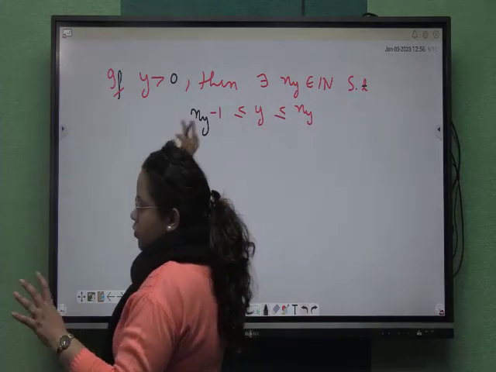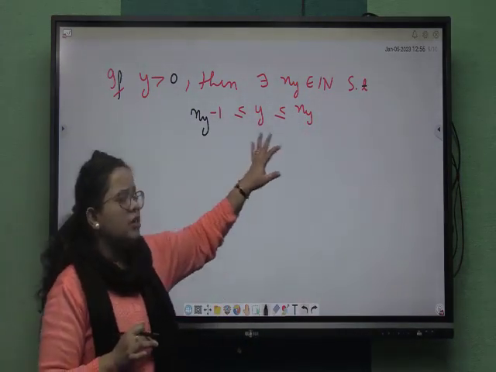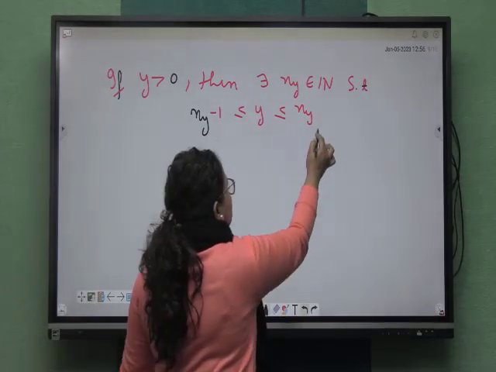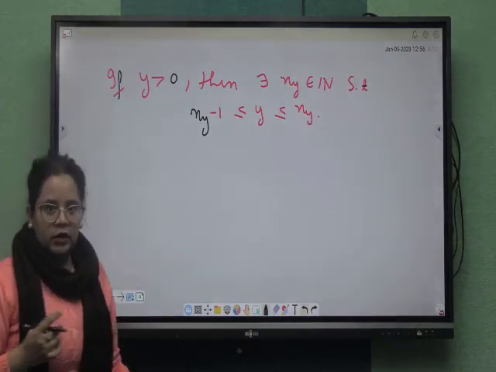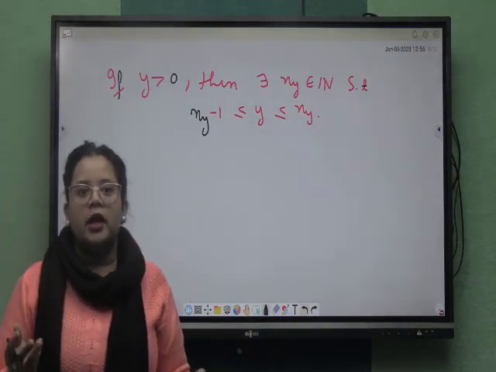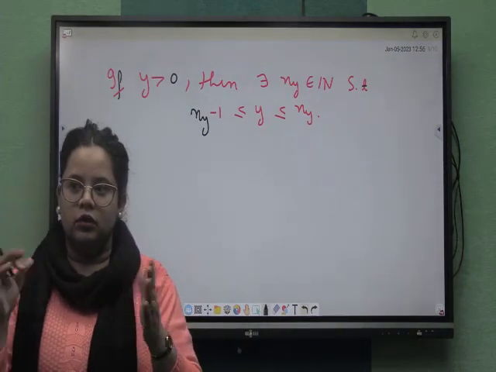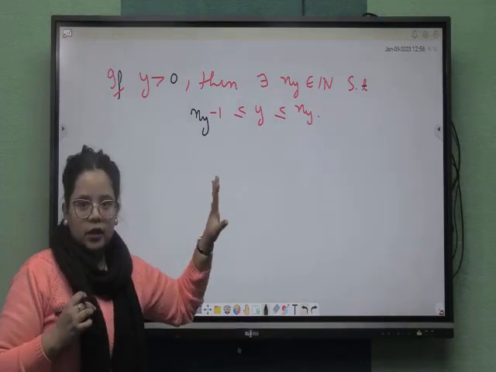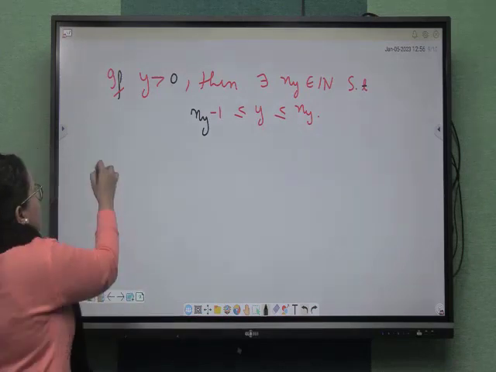Obviously this should be a strict inequality, but Bartle gives it this way, so that is why I am writing the statement in that way only. So if I take any positive real number, it must lie between consecutive natural numbers. That again seems obvious but we need a formal proof for that.